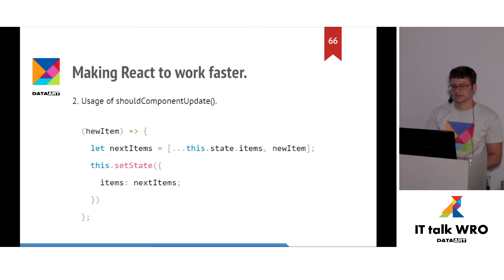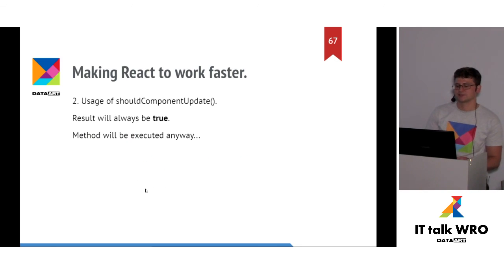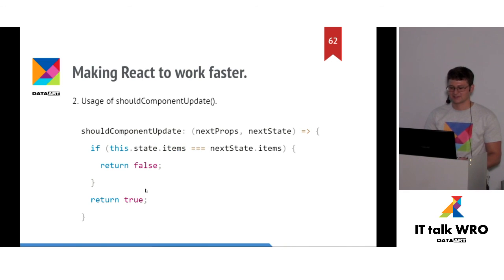The same thing, we've got a new item, and next items is this.state.items with added new items. That is the spread operator of ECMAScript 6. Okay, so we return the new array, right? And when we try to execute the comparison, the result will always be true because we've actually returned the new instance of the array. And remember that we've got a comparison like this.